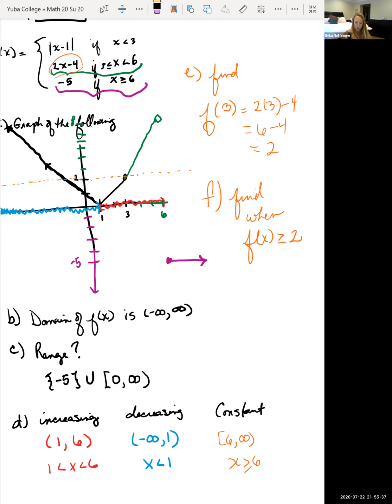So we're looking at, when is this graph going above, when are our y values bigger than or equal to 2? And so you can see that it's happening here, and everything less than that. Need to figure out what that x value is though.